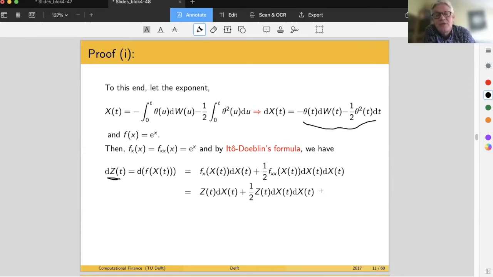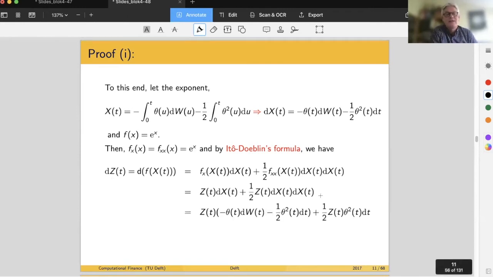So let's substitute these two expressions that we know. So this is equal to Z_t times minus theta_t dW_t minus 1/2 theta squared t dt, plus 1/2 Z_t times dX_t dX_t, and for that we can substitute theta squared t dt.